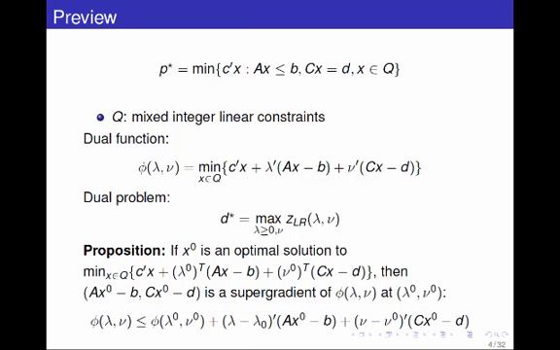So any ideas about how to solve a problem with this constraint matrix structure? Split it. You can think of these constraints in, so these coefficients hit this part of the vector, these coefficients hit this part of the vector, so you can separate it.